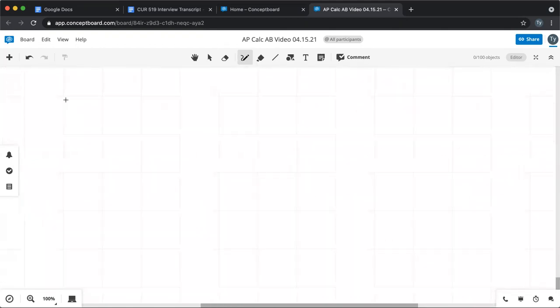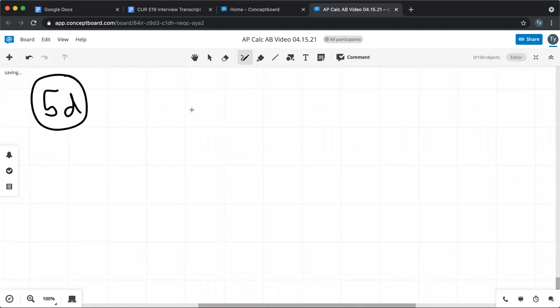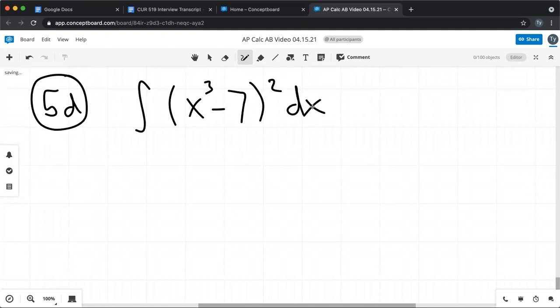All right, last one for 5 before we get to 6. So 5d is the integral of x cubed minus 7, squared, dx.